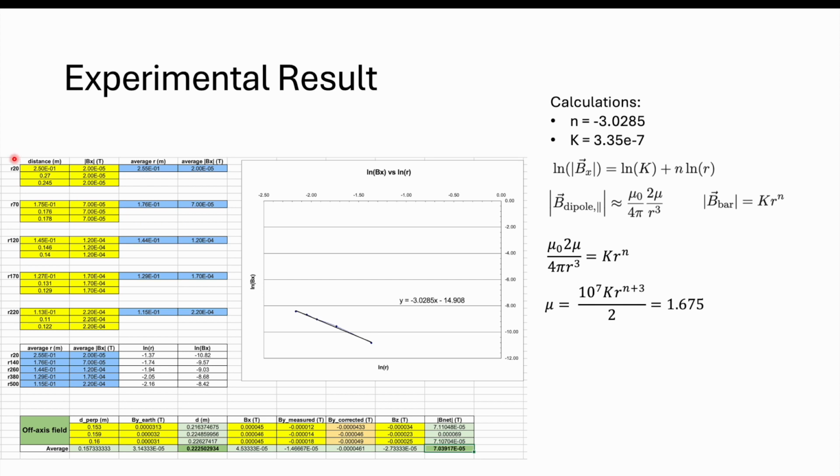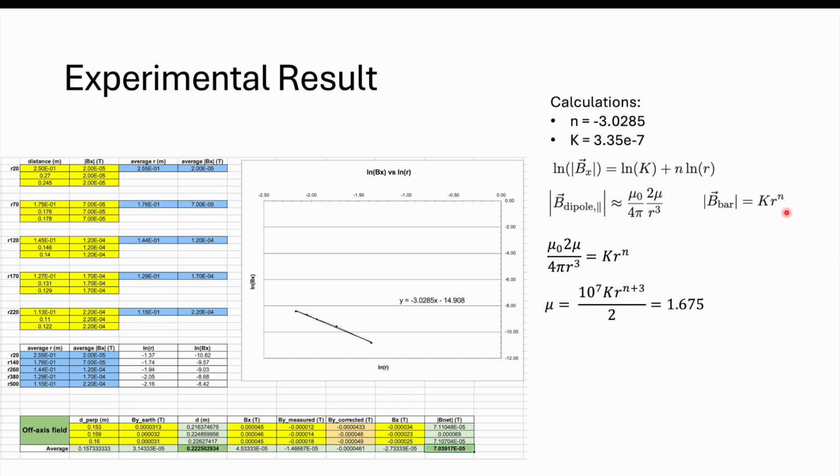So we can see here the different values and the distances we find, and here are the averages, and this is for the last part, the off-axis. So when we use these values here, we get a linear regression line. So we find that n is minus 3.028, which I previously talked about from this formula here, calculated as this, and ln k is the intercept, and hence k is this value here.